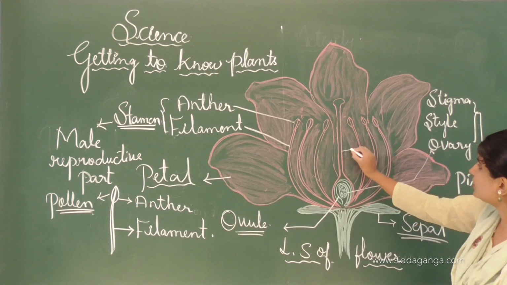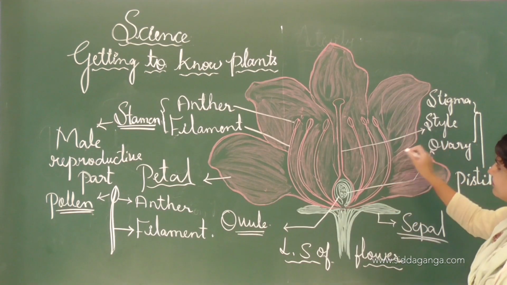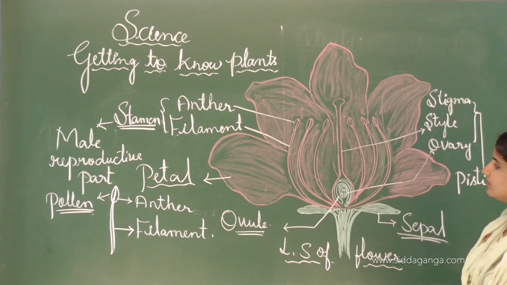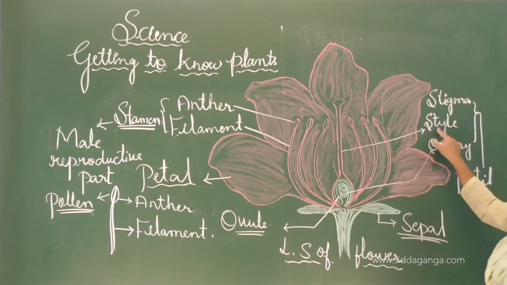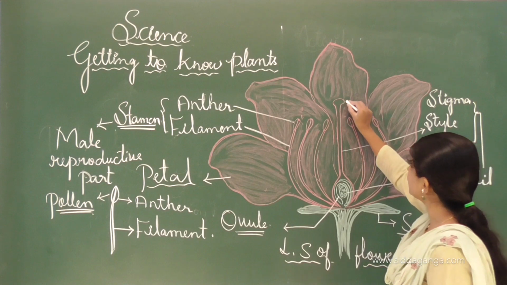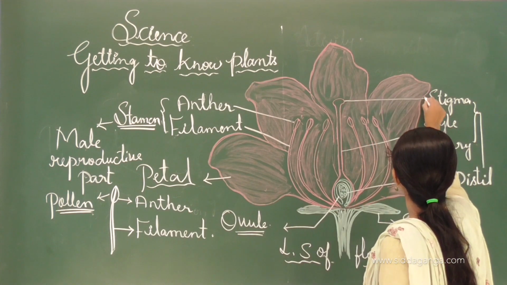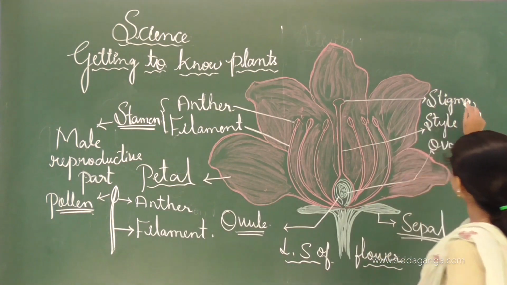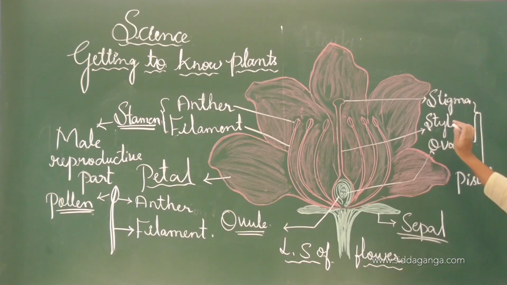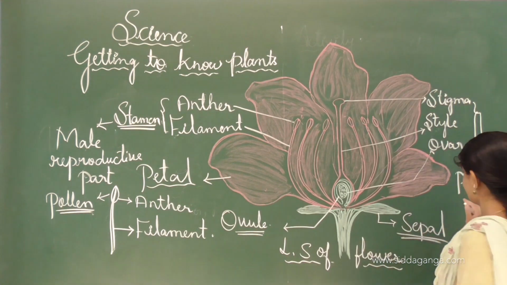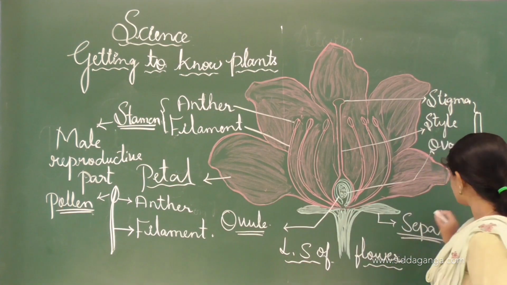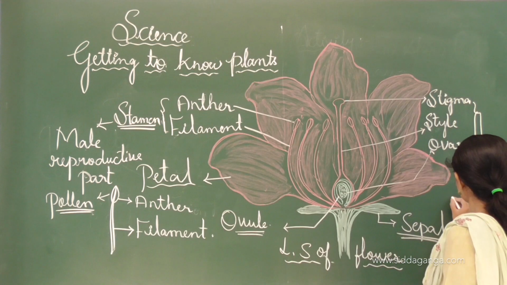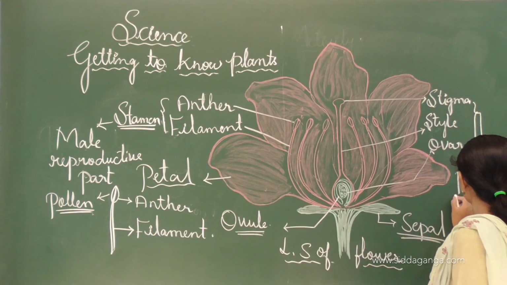This long tube-like structure present in the flower is called the style, and it bears at its uppermost tip the stigma. This is how we can say that the pistil is divided into three parts: stigma, style and ovary. The pistil is the female reproductive part of a flower.